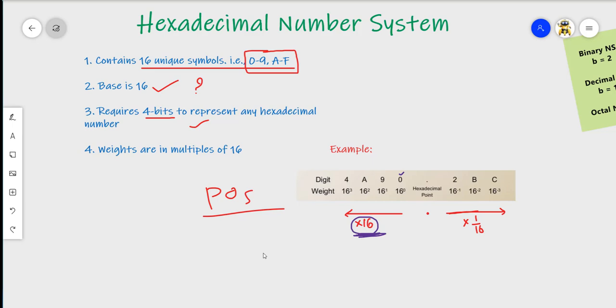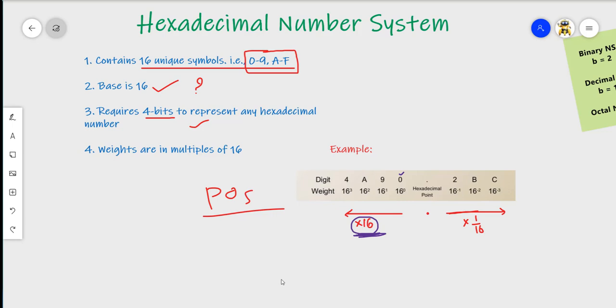Take 5 random binary numbers, work on them. Similarly, take 5 or 10 decimal numbers, apply the positional notation rule, practice it. Similarly, octal number system, similarly hexadecimal number system.